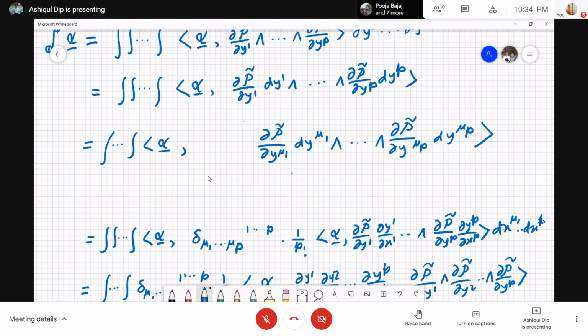These indices, even if they are repeated, are not summed over.